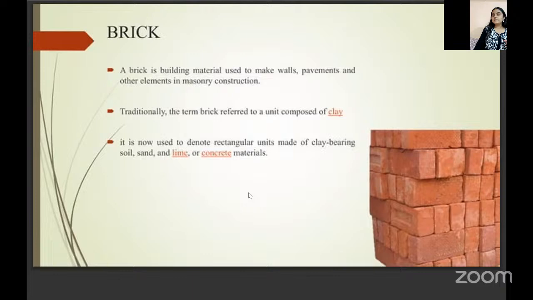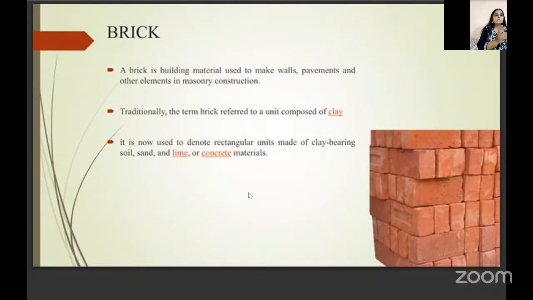So let's start. First of all, let's understand what is a brick. A brick is a building material used to make walls, pavements, and other elements in masonry construction. This word masonry is a keyword here. In 2022 NATA, this question was asked: what is the form of construction that is done using bricks known as? And there were four options.